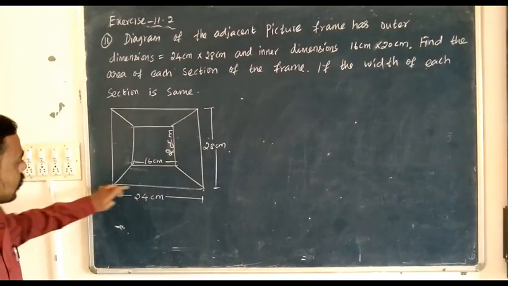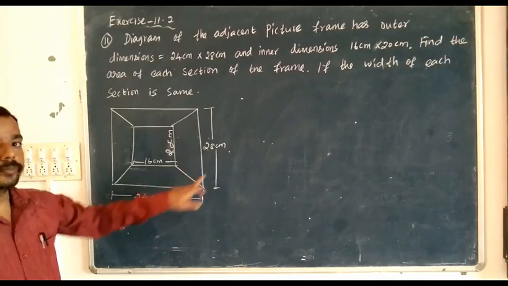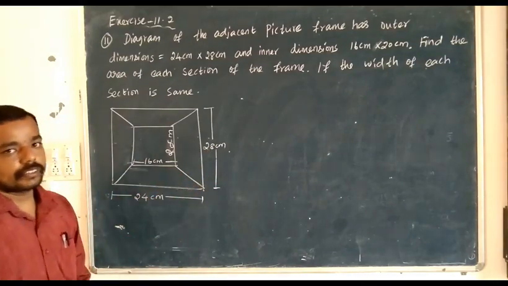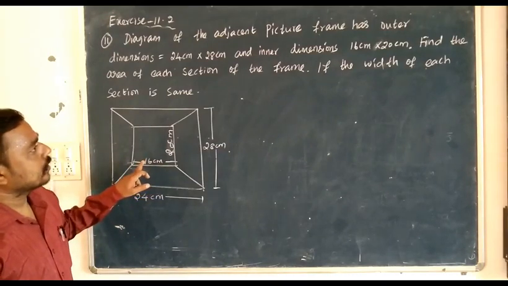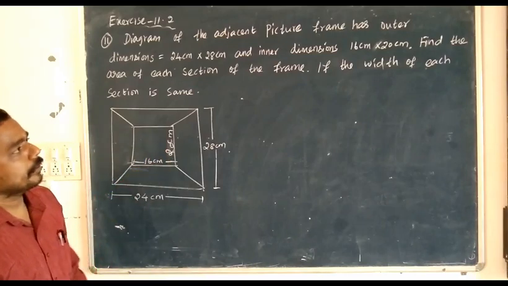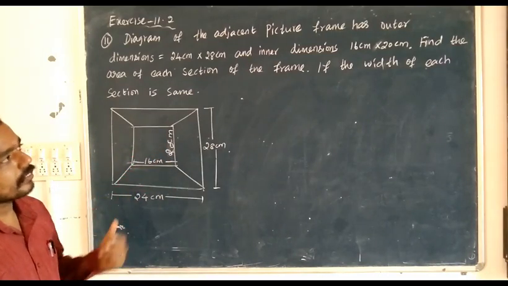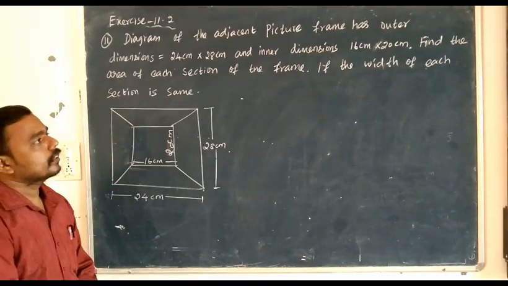It's given 24 into 28, length into breadth form. So length 24 and breadth 28. And the inner dimension is 16 into 20 centimeters. Length 16, breadth 20. So we can consider this one is breadth, this one is length.